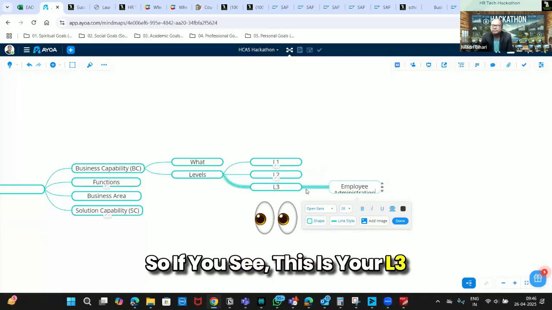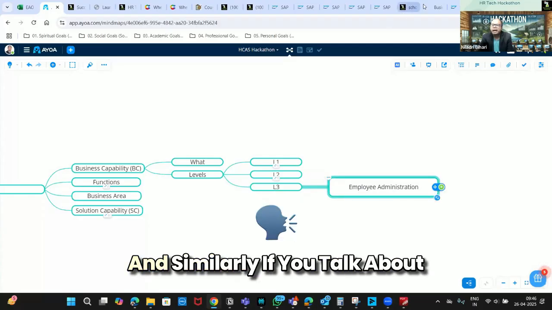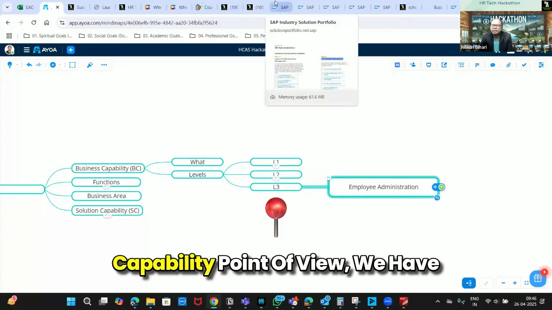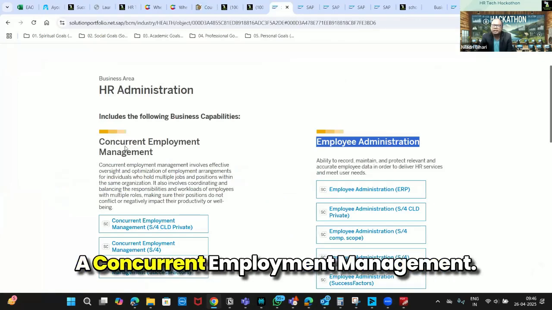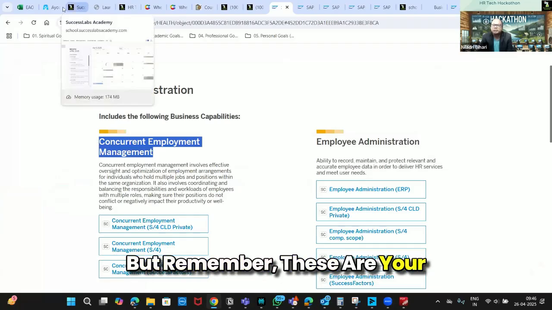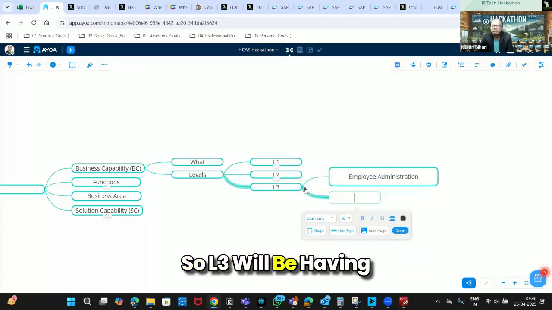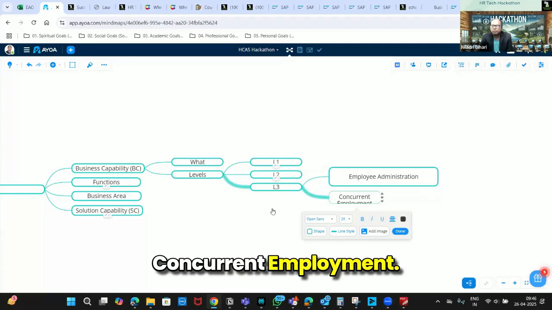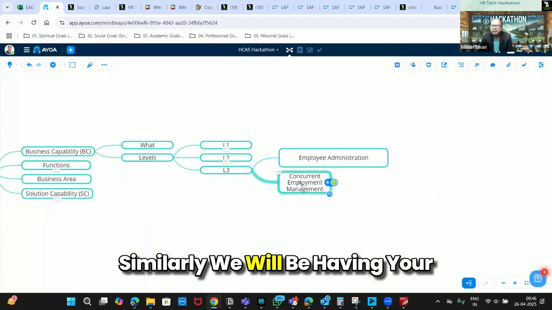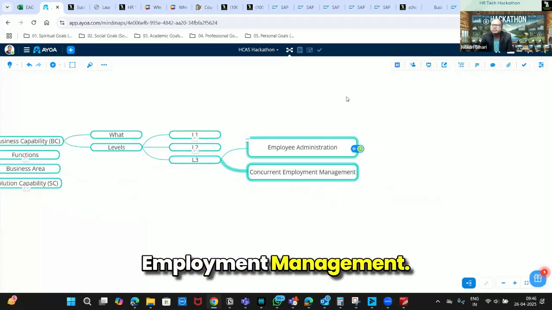Employee administration is one of the L3s. Similarly, from a capability point of view, we have concurrent employment management. Remember, these are capabilities, not functions. So L3 will have concurrent employment management.